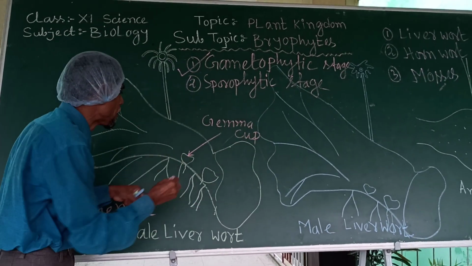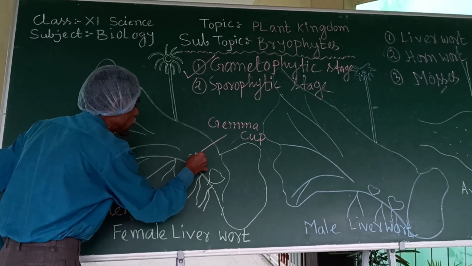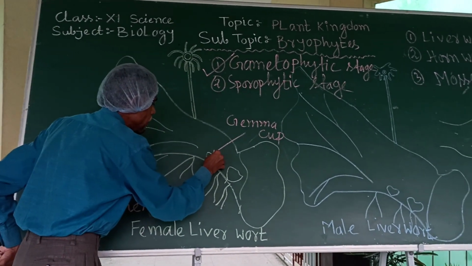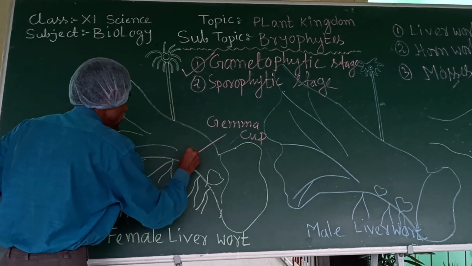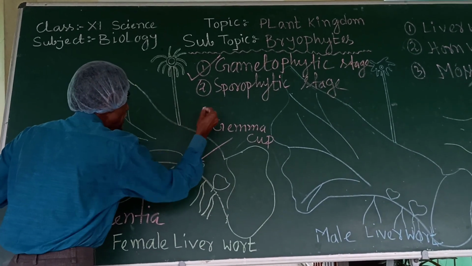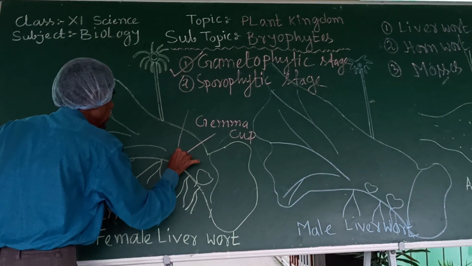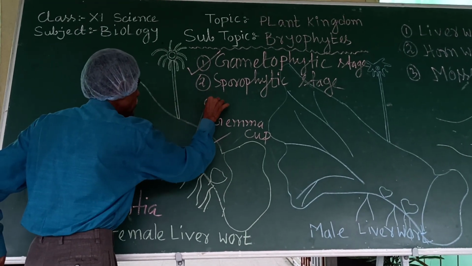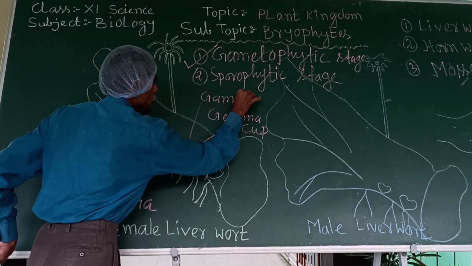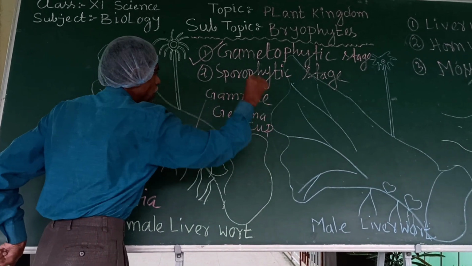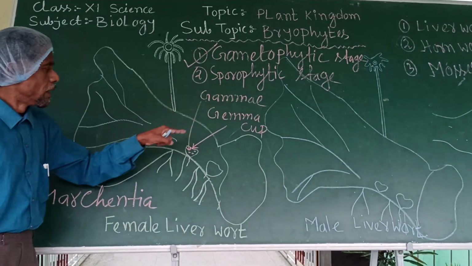And within this gemma cup, they produce asexually reproducing gemmae. This is called gemmae, plural, or gemma, singular.